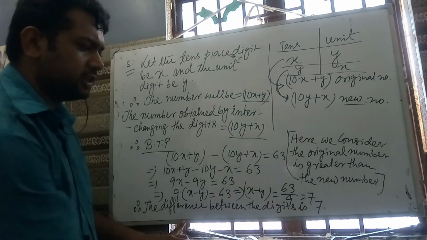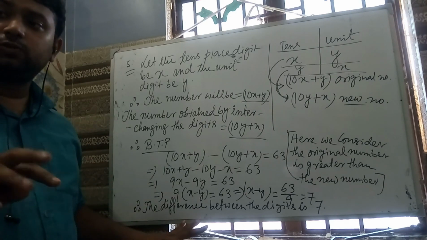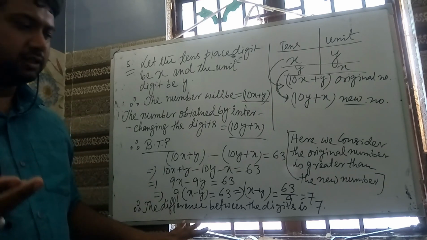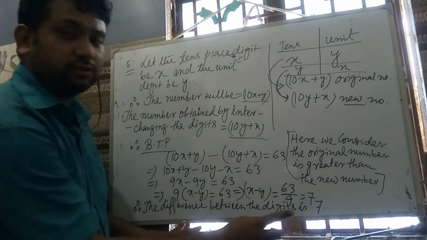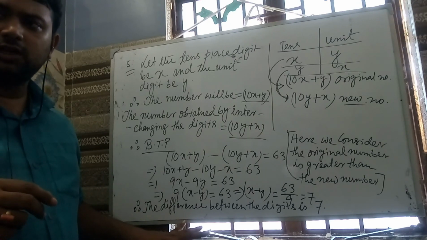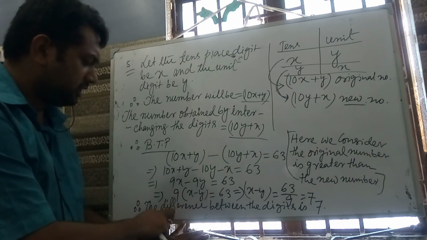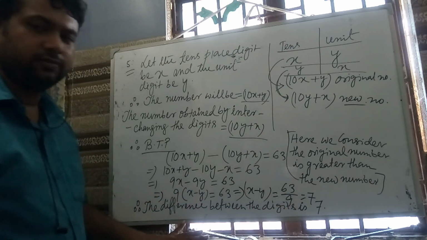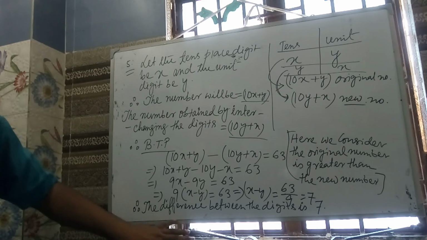So that's why it is single. If we had to find out the digits, then we would write the digits are, because there you have to write 2 or more digits. Here, the difference of the digits is 7. That's why. Okay. Copy it.